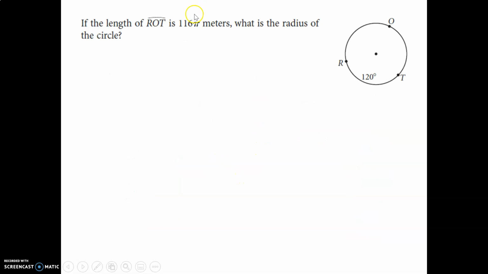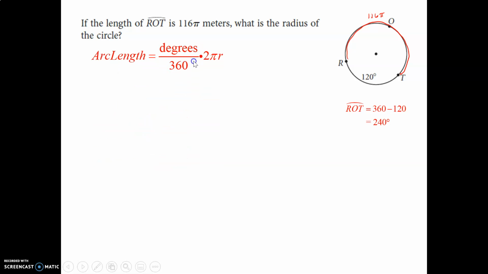Okay, here's the final one. If the length of ROT, so this one goes here, ROT, if that length is 116 pi, what is the radius of the circle? Okay, as soon as they're talking about arc length of this arc, I'm going to write down the formula.